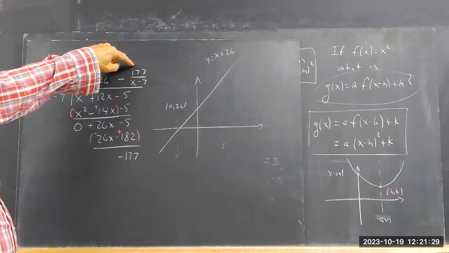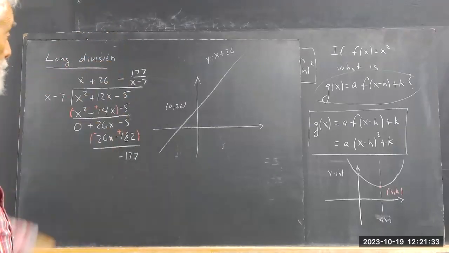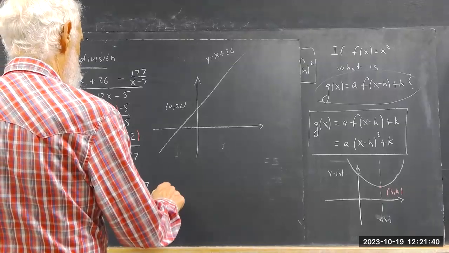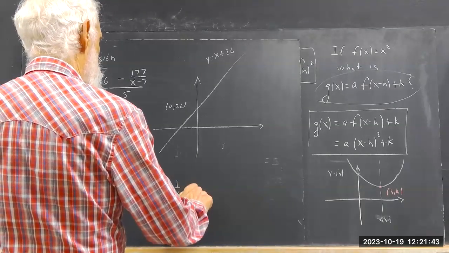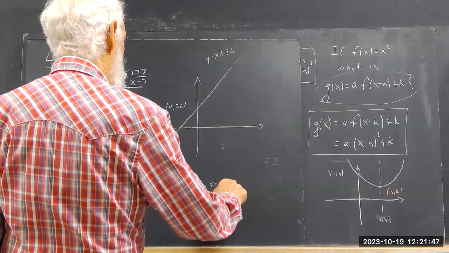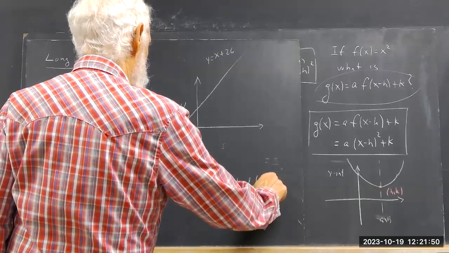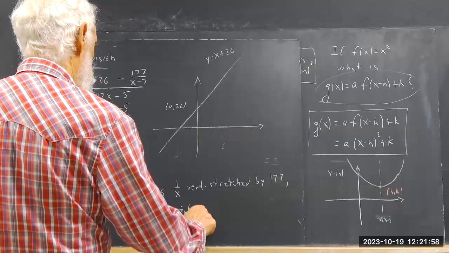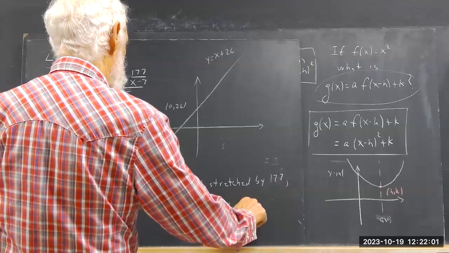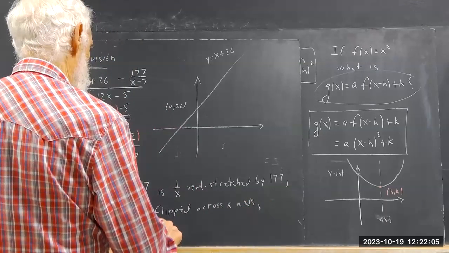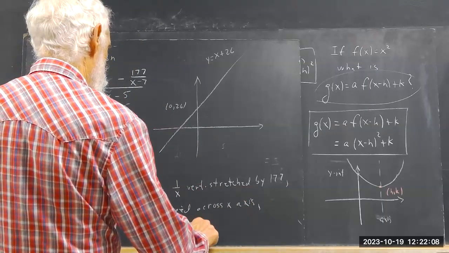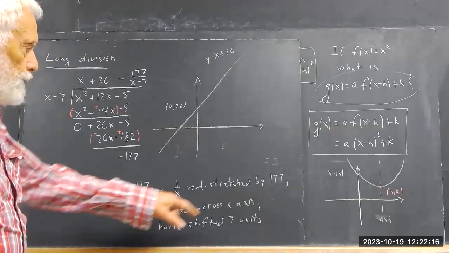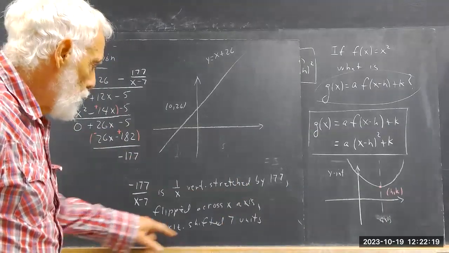This is a vertical stretch and a reflection of the 1 over x graph: 1 over x vertically stretched by a factor of 177, then horizontally shifted 7 units.